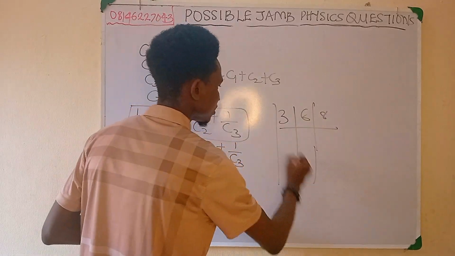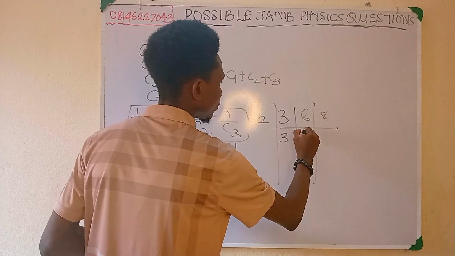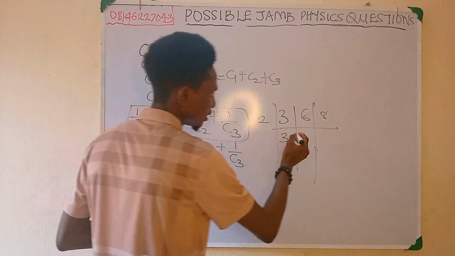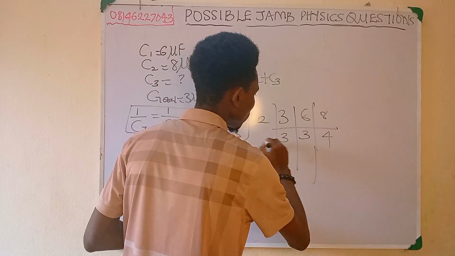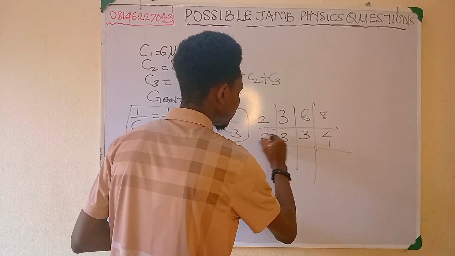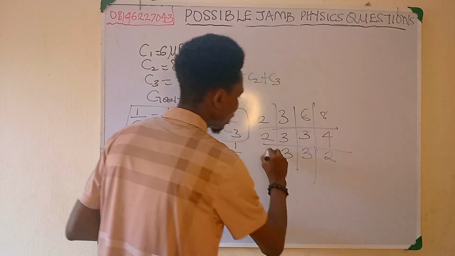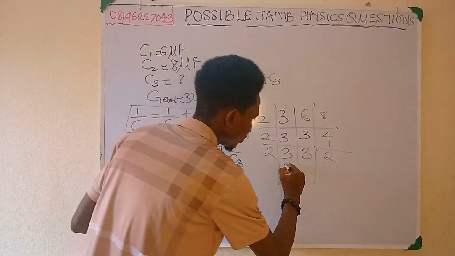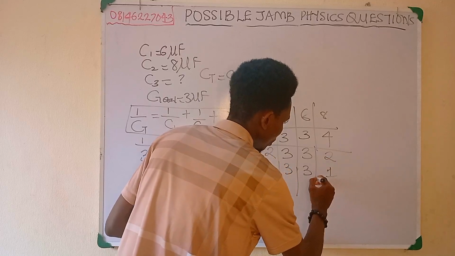So the first thing, 2 can go. We have 3; 2 cannot go in 3, so we have 3 back. 2 in 6 is 3. 2 in 8 is 4. The next thing, 2 can still go. 2 in 3 cannot go. 2 in 4, 2. 2 can still go. 2 in 2, 1.